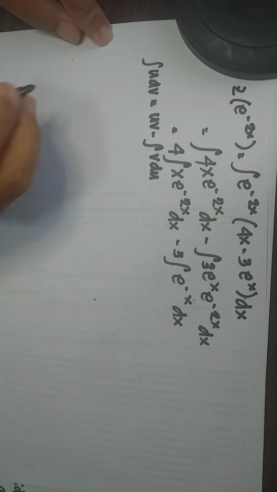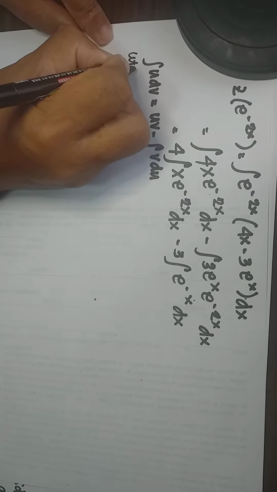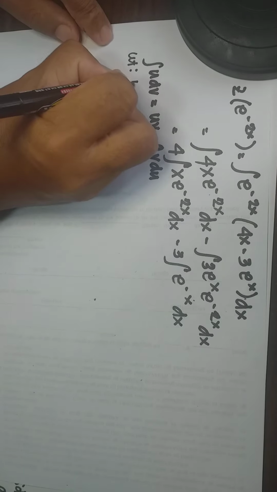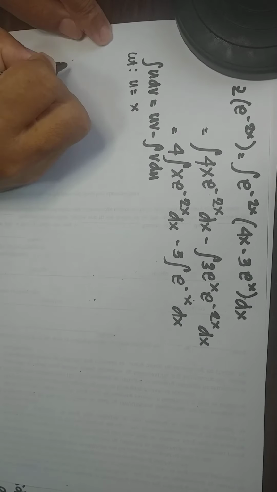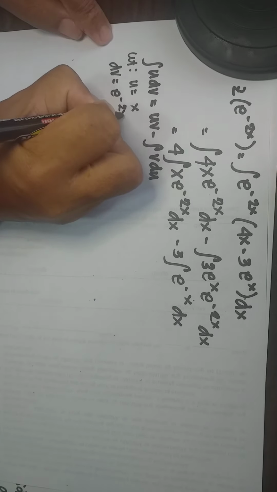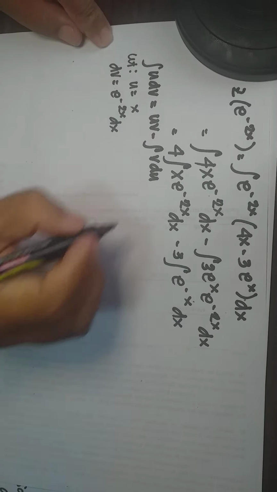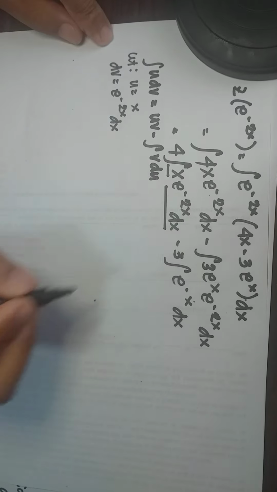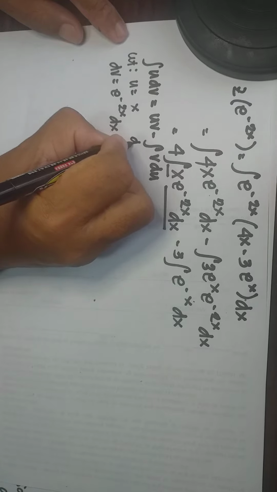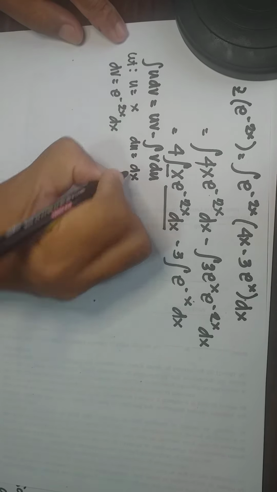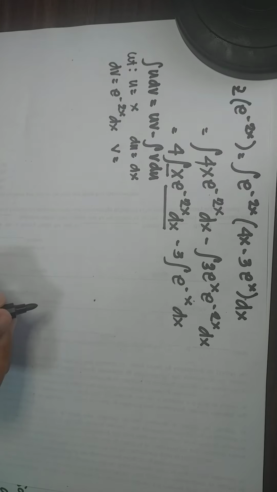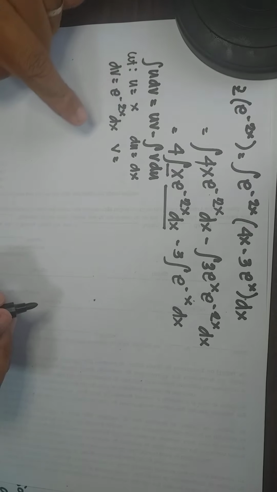So we have to let u be equal to x and dv be equal to e to the negative 2x dx. So this is u and this is dv. But when u is x, your du must be equal to dx.